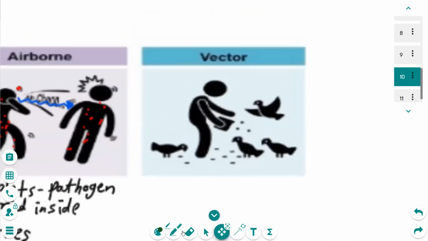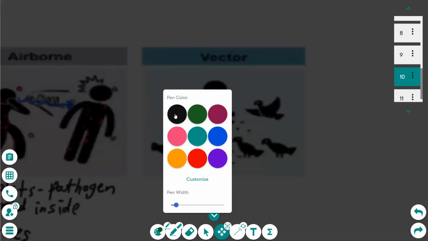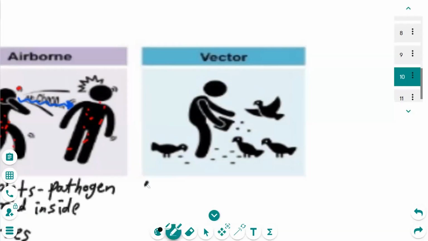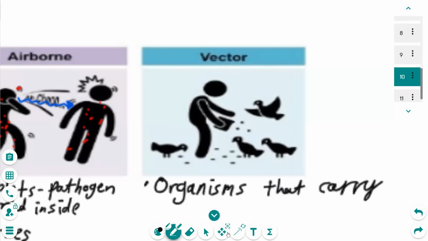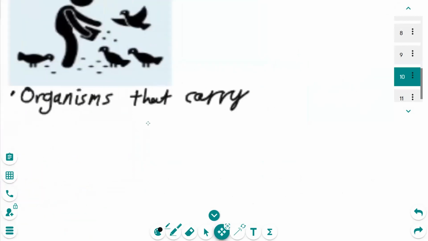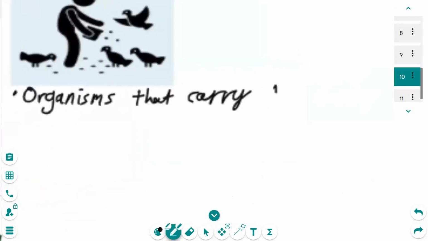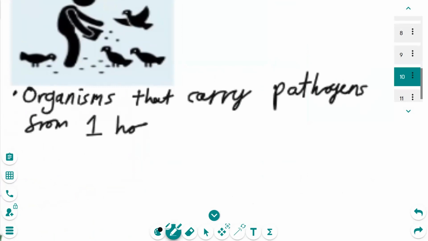And the last way in which pathogens can be transmitted is through vectors. So in this one, vectors are organisms that carry pathogens from one host to another.